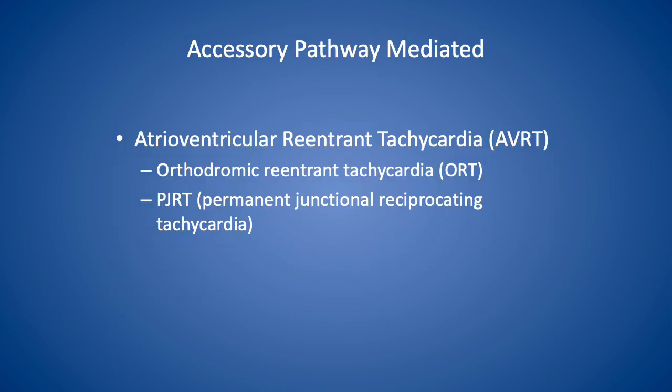More for nomenclature, here are the types of accessory pathway-mediated SVT. The most common would be atrioventricular reentrant tachycardia, where you have an accessory pathway between the atria and the ventricles. If it moves in the normal fashion, it's called an orthodromic reentrant tachycardia. There's also something called a PJRT, which is a misnomer, but we don't need to go through that.